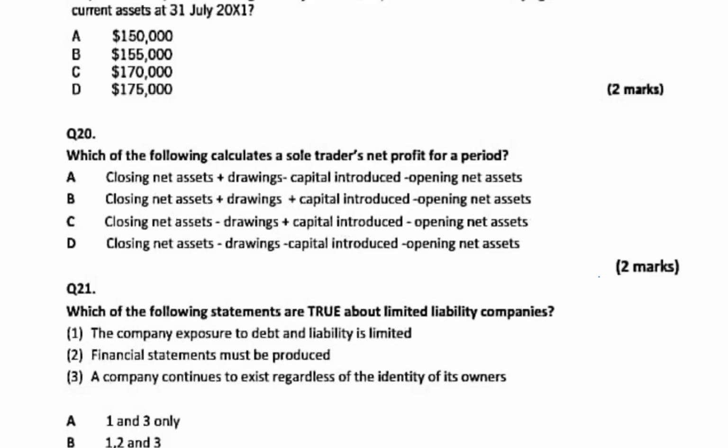We need to remove the drawings. This is the monies which are taken by the owner of the business. Then we also remove the capital and the opening net assets to come up with the net profit. Okay. I submit. All right. Interesting. Any other?